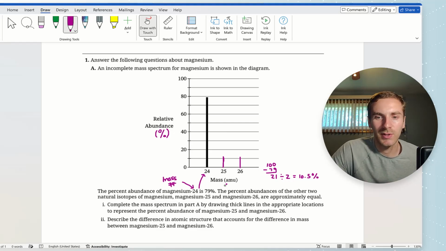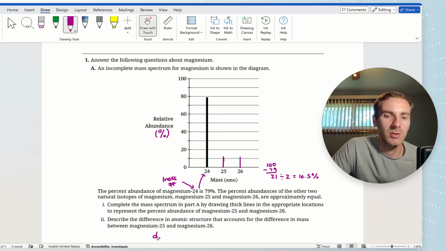And then look at this other question. Describe the difference in atomic structure that accounts for the difference in mass between magnesium-25 and magnesium-26. Well, these are isotopes, same element with different mass numbers. So that means they must have a different number of neutrons.